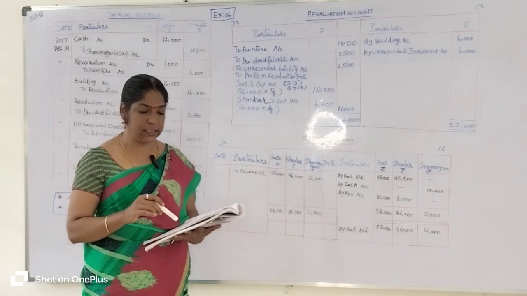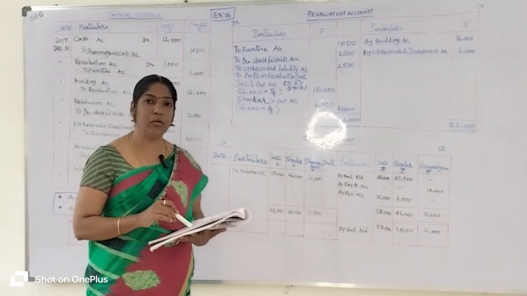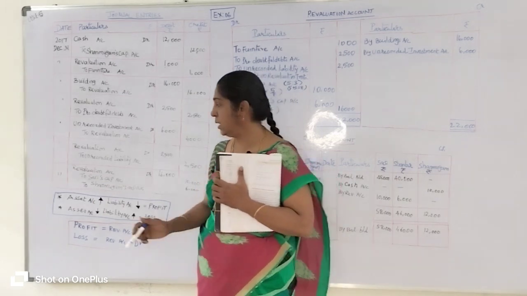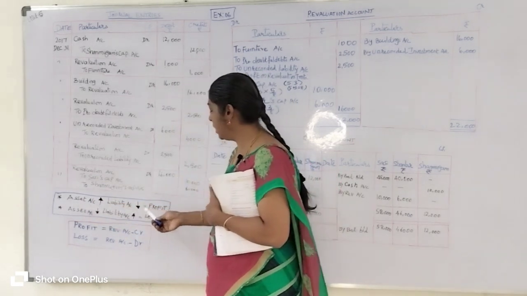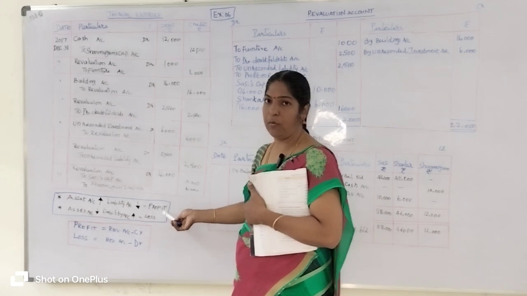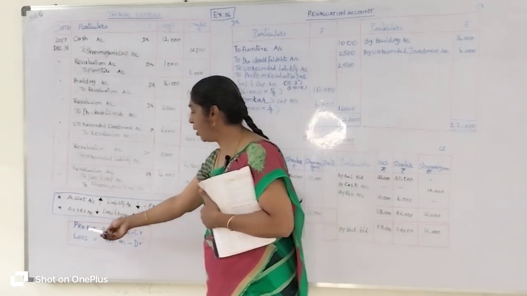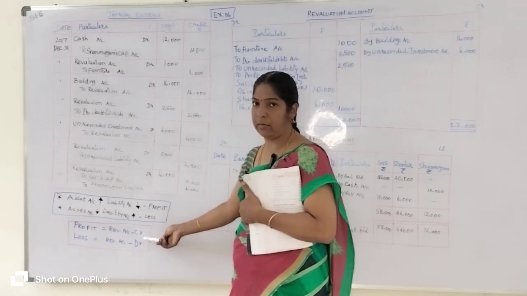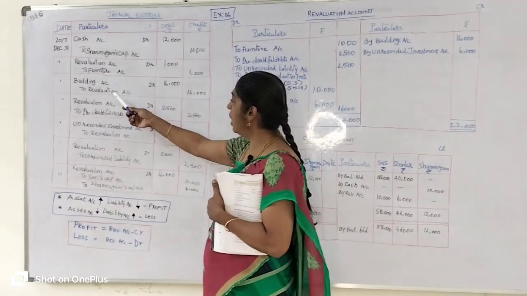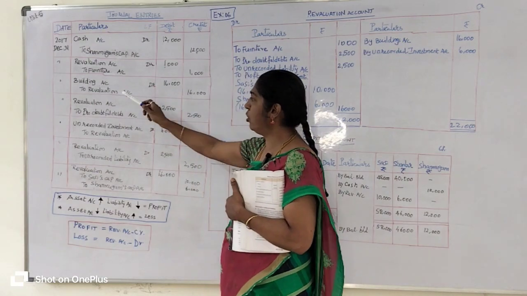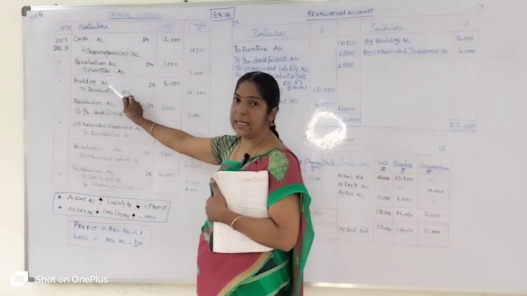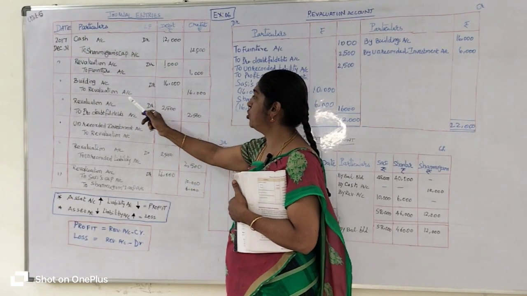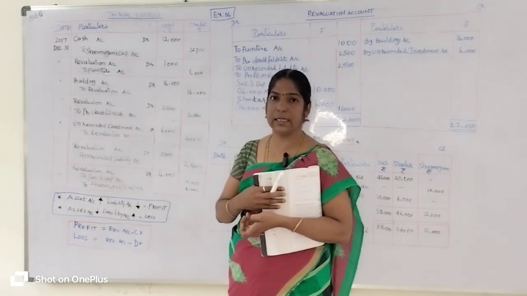Building belongs to asset account. So, the asset account increases, and if the asset account increases, the old partners get profit. If the old partners get profit, where does the revaluation account appear? It appears on the credit side. So, the revaluation account is to be credited. Which account is to be debited? The concerned asset account is to be debited. So, building account debit 16,000 rupees, to revaluation account 16,000 rupees.